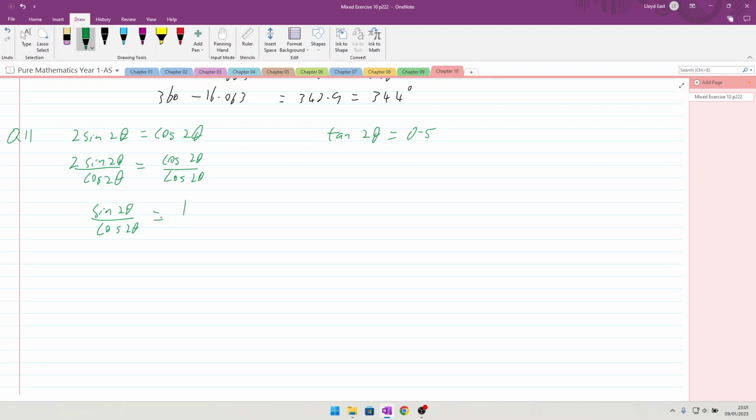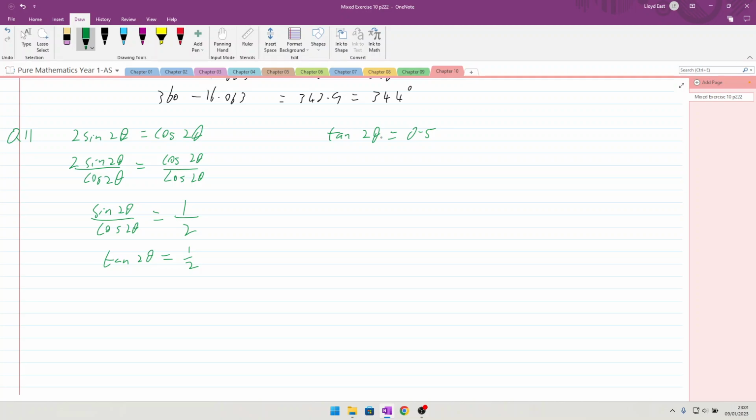You notice I've dropped the 2 over here because I'm going to divide by the 2, which is a half. Sin 2 theta over cos 2 theta is tan 2 theta equals a half, which is what they wanted to show. Okay.